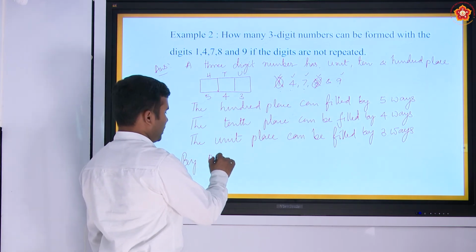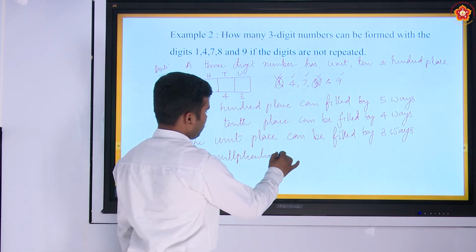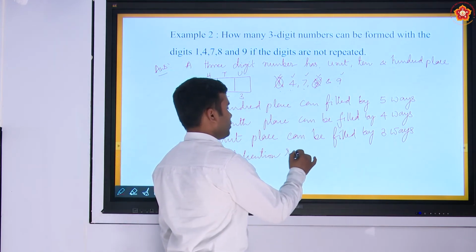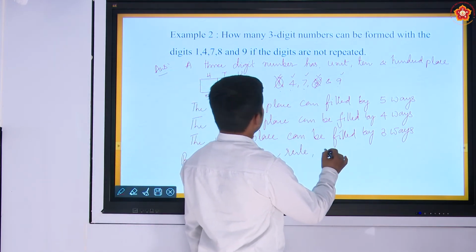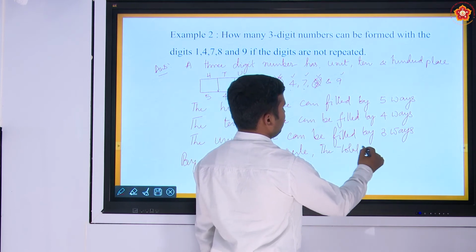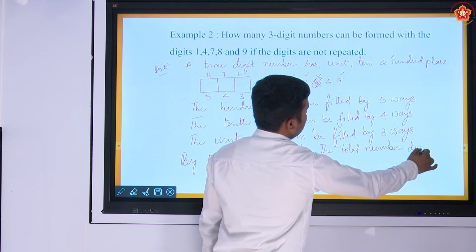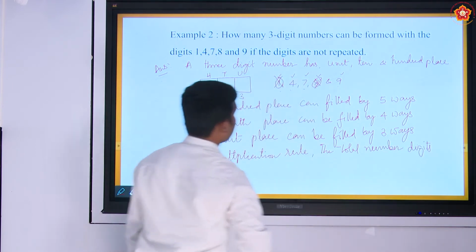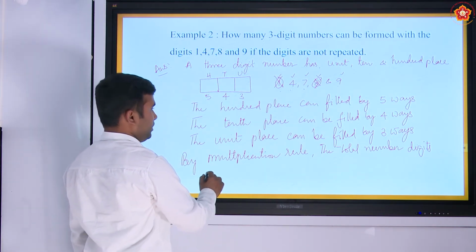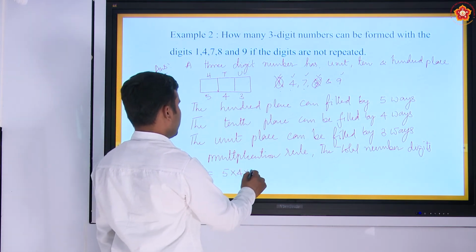Hence, by the counting rule or multiplication rule, the total number of numbers will be 5 into 4 into 3.